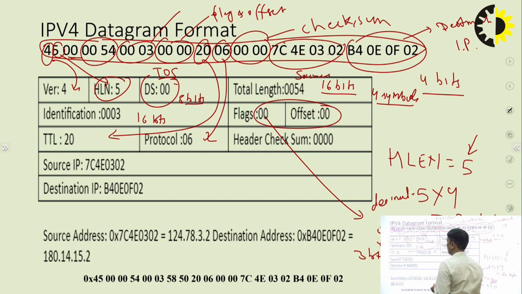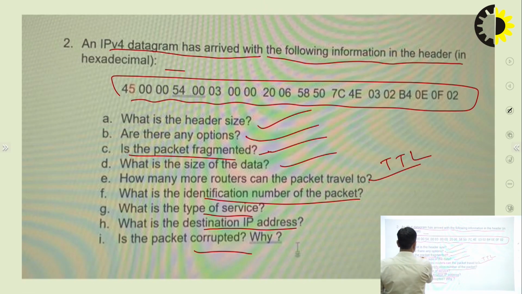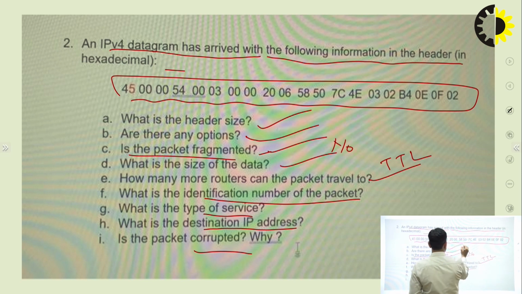That means there is no fragmentation at all. And MF, more fragment, is also 0. There is no fragmentation. So the third answer: is the packet fragmented? The answer is no. What is the header size? This is 20 bytes. Are there any options? No, there is no data in the option field.